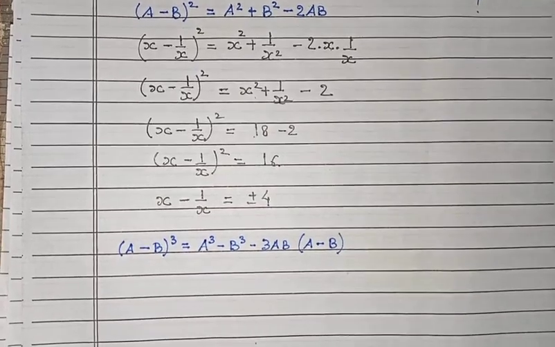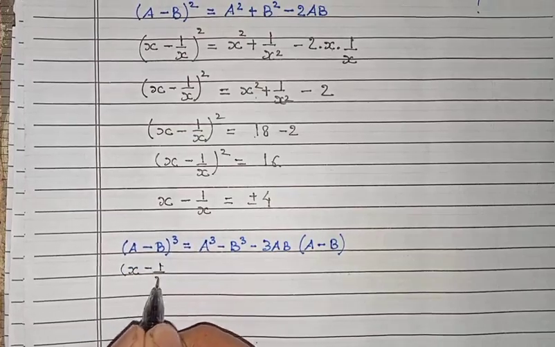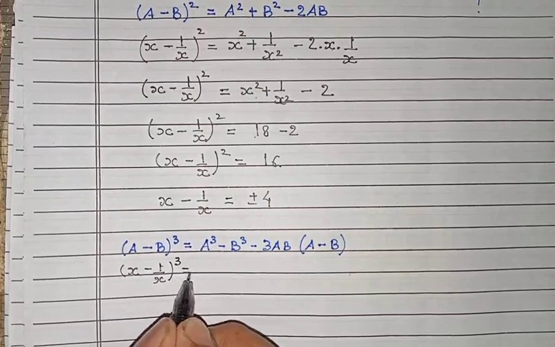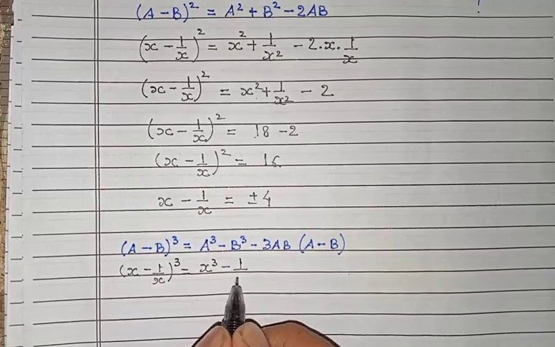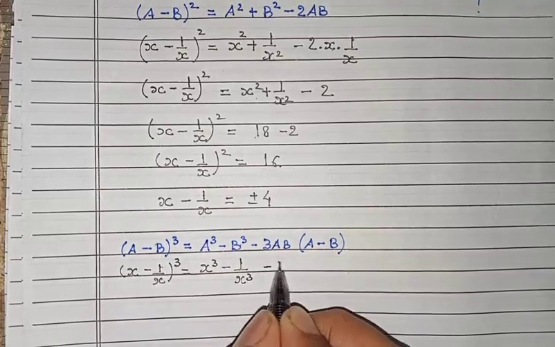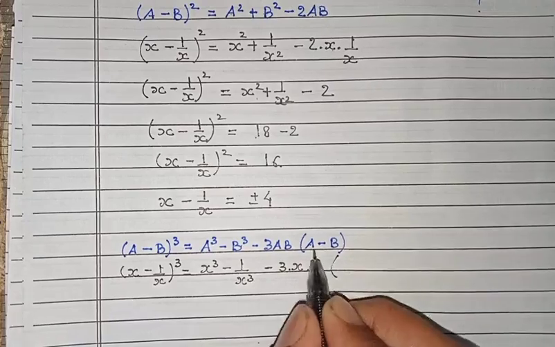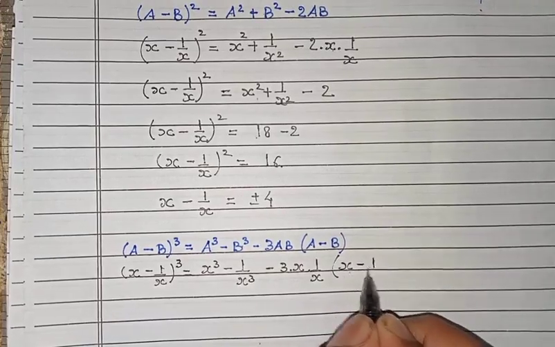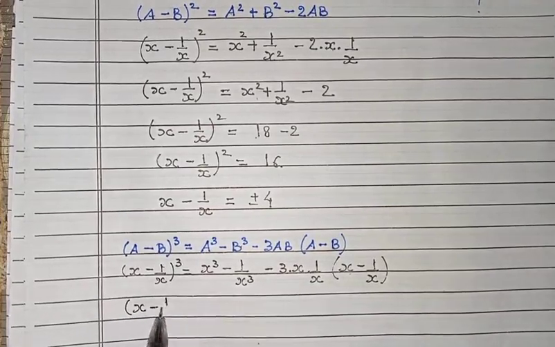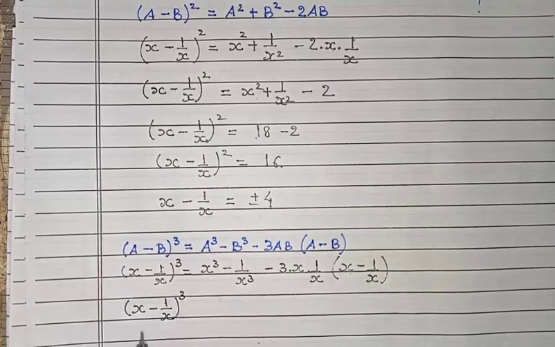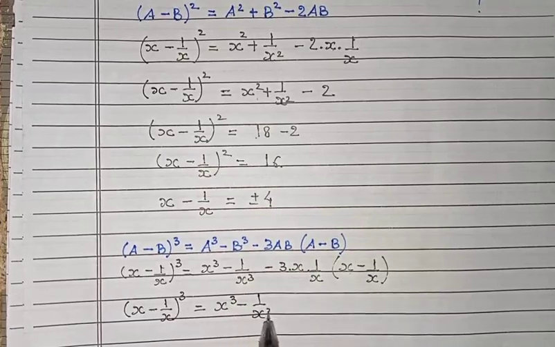So let's substitute over here. x minus 1 upon x whole cube. This will give you x cube, this is 1 upon x cube, minus thrice a into b, x into 1 upon x, and then a minus b. So this is x minus 1 upon x whole cube is equal to x cube minus 1 upon x cube.